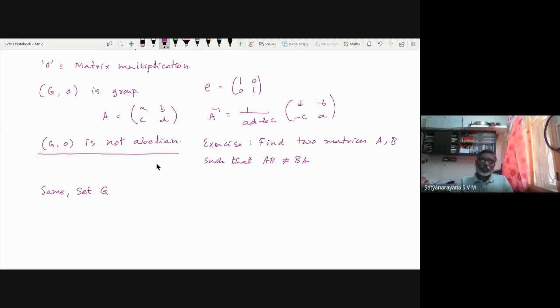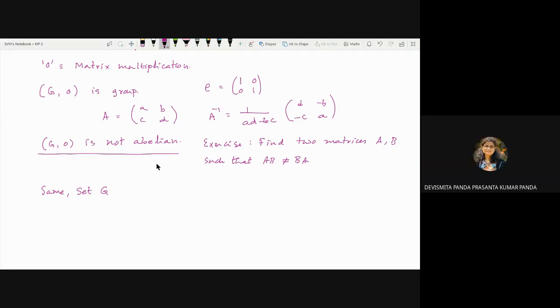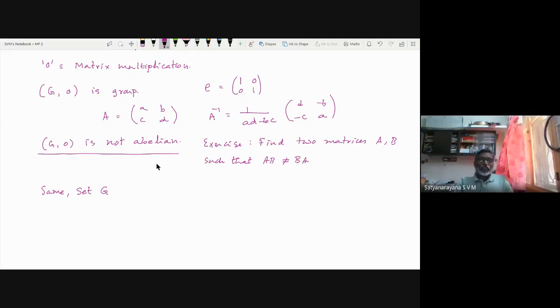You understand? Yes, sir. So same set G, but if you take this operation to be matrix addition, then what can you say? Is it a group or is it an abelian group?